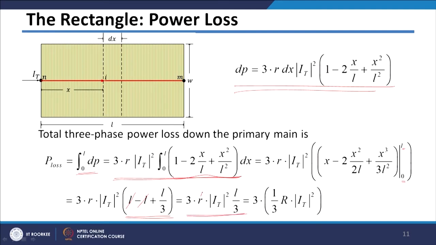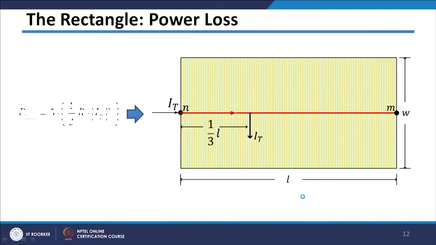Again, small r, which is per unit length resistance, multiplied by length, becomes the total resistance R. So, the final equation for the power loss of a rectangular configuration will be 3 into 1/3 R into IT square.